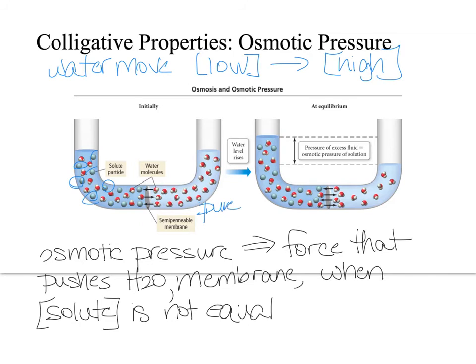So what's going to happen is, you have a semi-permeable membrane, which would be like a cell membrane. Water is going to move into the area that has the higher concentration of solute, or more solute particles dissolved. And so that's going to push water across that membrane. When it does that, the side where the pure water was goes down, and the side where the more concentrated solution was is going to go up.